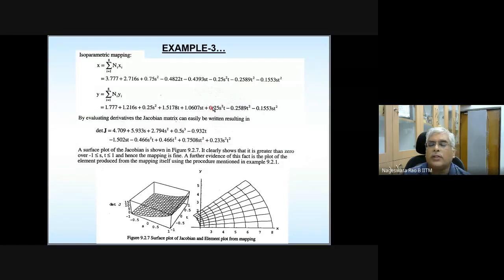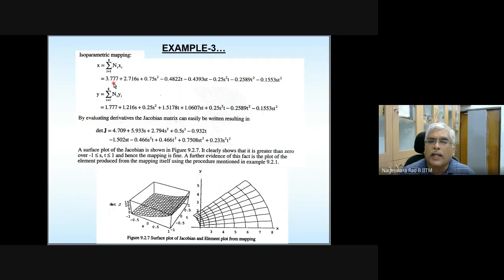What you can do is check the mapping by plotting either X as a function of S and T, Y as a function of S and T, or this determinant of J. Both the plots are shown here. Determinant of J is plotted with S going from -1 to 1, T going from -1 to 1, checking whether this surface is above the 0 line or not.